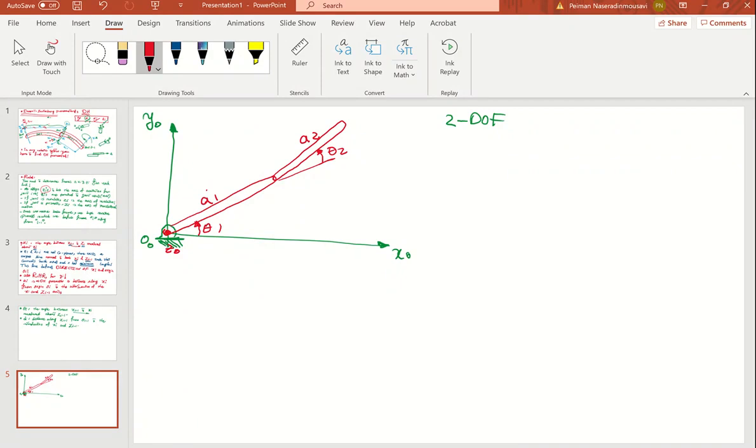If your thumb shows the direction out of the page, this actuator gives you such angle, θ1. The same is valid for this: out of the page, it's going to be Z1. And here you have Z2 for the end effector. They are out of the page.